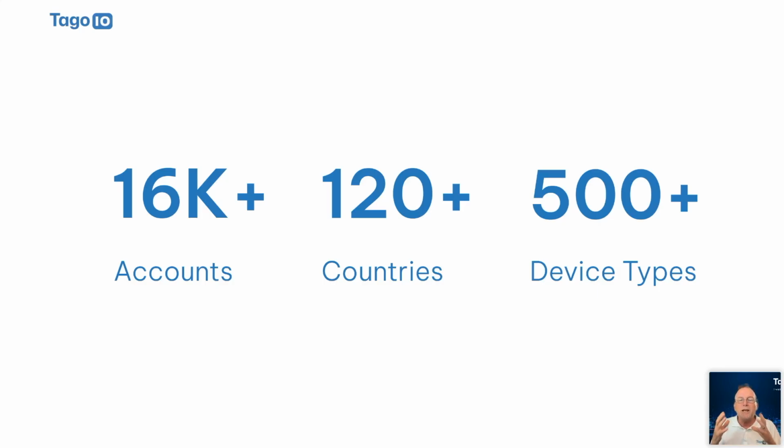So over those 11 years, we've been able to build out this very dynamic platform, right? With lots and lots of features, right? But still, it's easy to use, right? I like to think it's simple to start, powerful to scale, right? So you can just really build whatever you want on TagoIO to meet your ever-changing business needs.